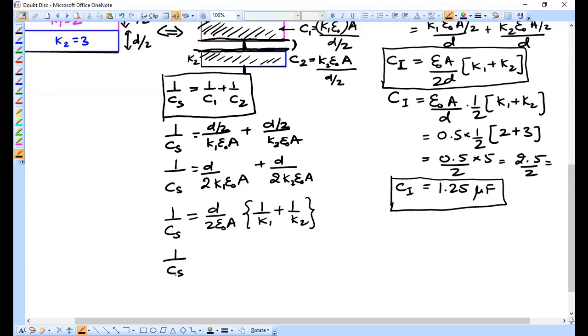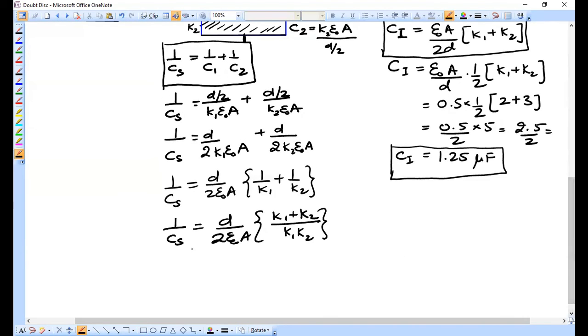This is 1 by CS equals d by 2 epsilon naught A. What I'm going to do is solve this bracketed term. Here it is k1 k2 upon k1 plus k2. I've solved this bracketed term, and after solving this, I will get 1 upon CS as d times k1 plus k2 upon 2 epsilon naught A k1 k2.